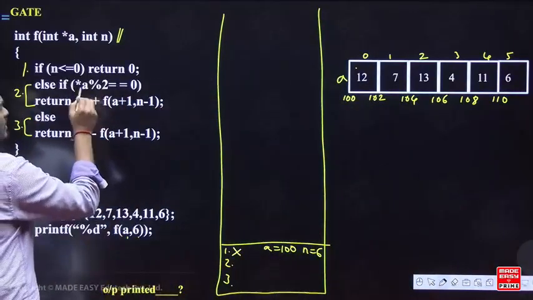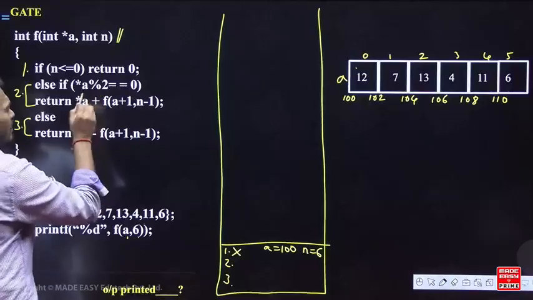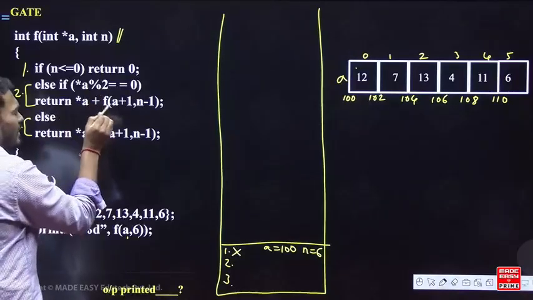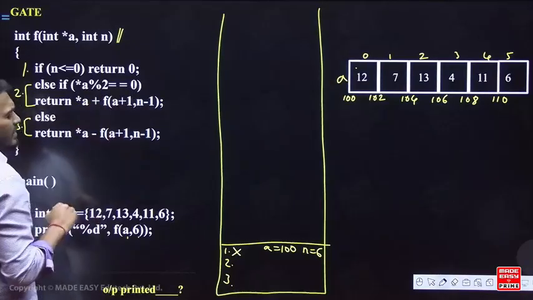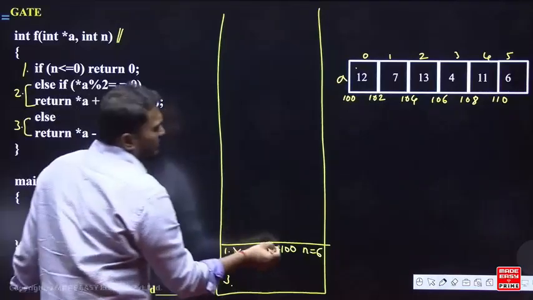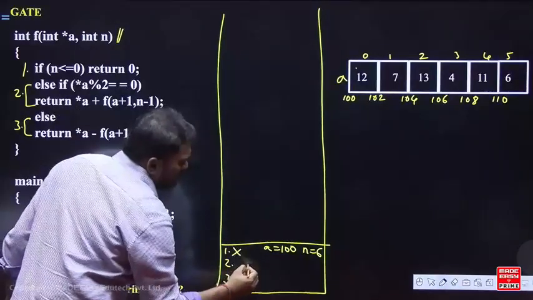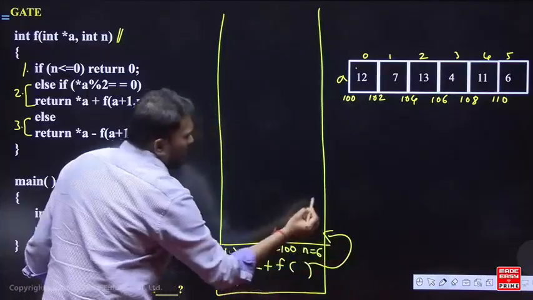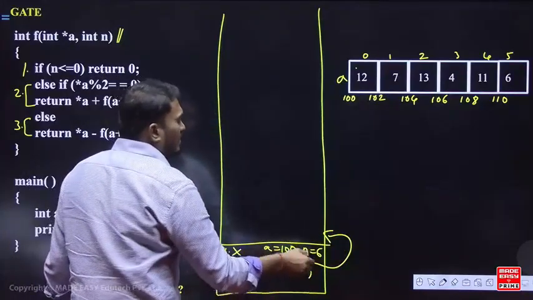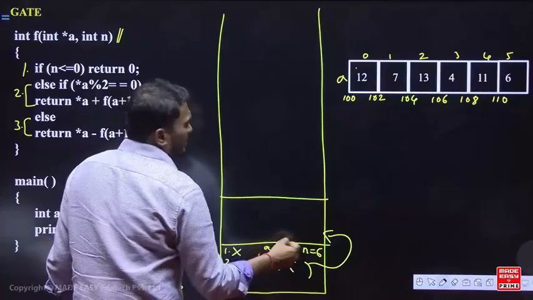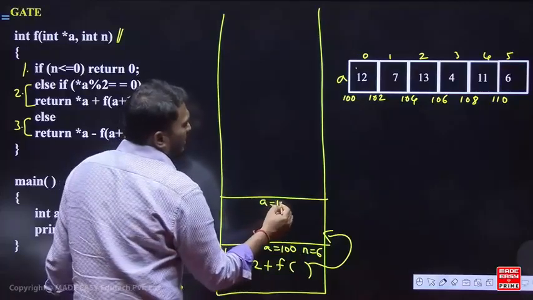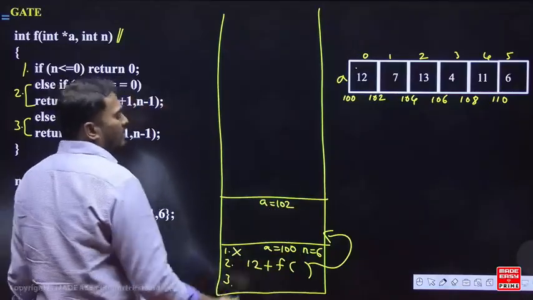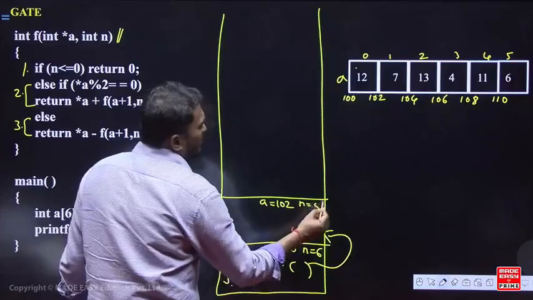If it is true, return star a plus f of a plus 1 comma n minus 1. Star a is 12 plus, you are recursively calling the function by passing a plus 1 comma n minus 1. A plus 1 means next time you are passing 102, and n value you are passing as 5.